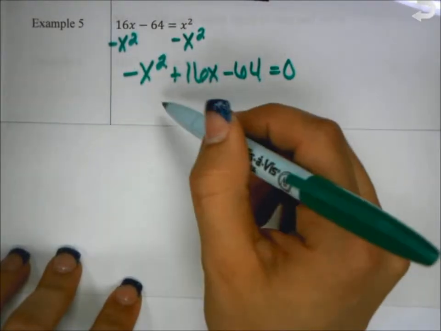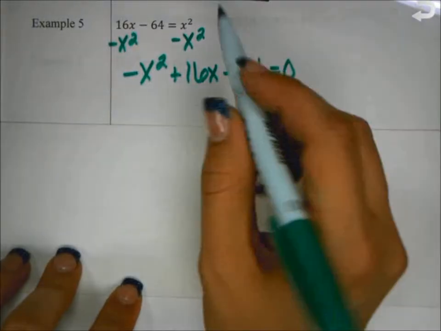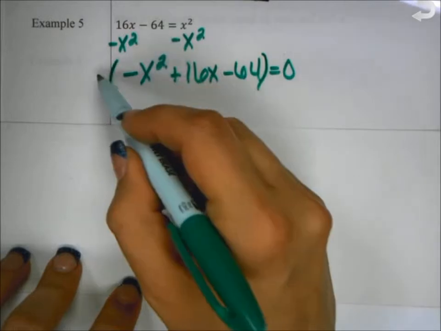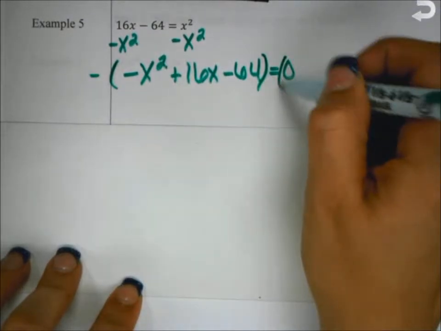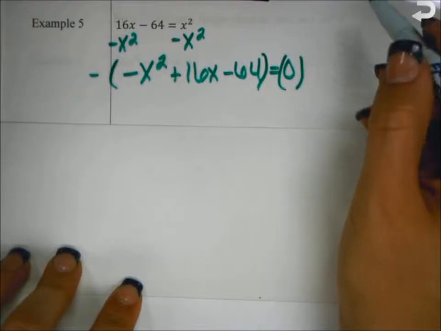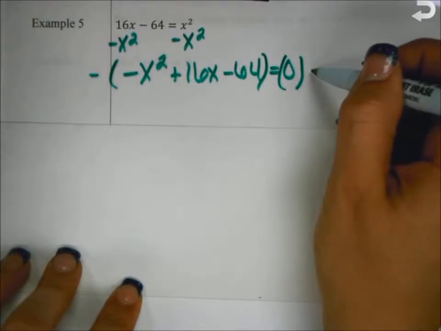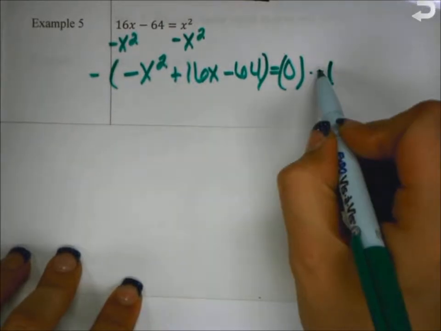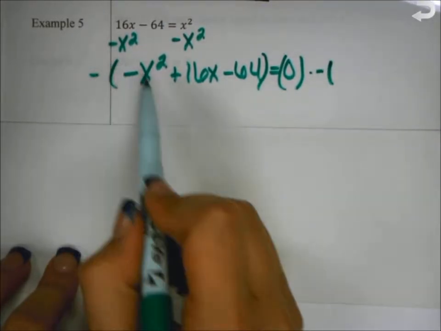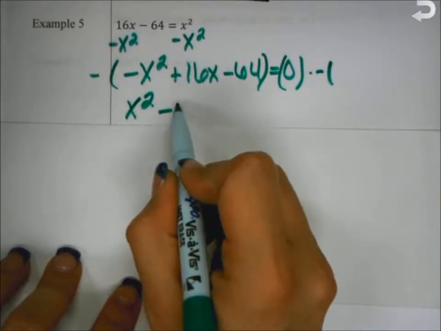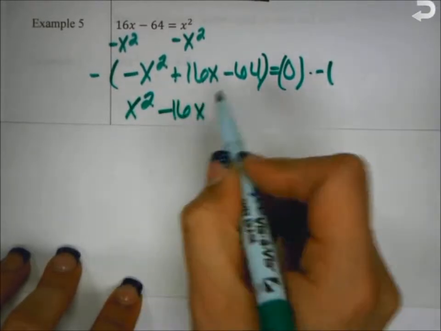So let's multiply by negative, but remember, whatever we do to one side, we have to do to the other. So we have to multiply the other one by negative, let's say times negative 1. So what would that give me? Positive x squared minus 16x plus 64 equals 0. Good job, guys. So you can multiply by a negative.